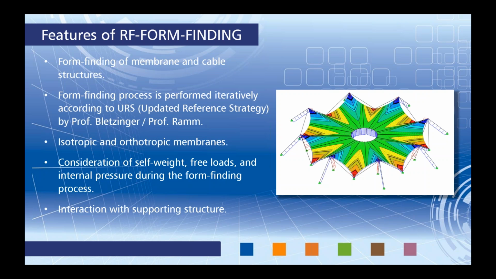Now this is a very complex process, but it also is one of the most accurate processes. We can also take into account both isotropic and orthotropic membranes, which we'll see in today's example. We can consider self-weight, free loads, and internal pressure during the form finding process. And lastly, we can take into account the interaction with the supporting structure. Again, I'll show you that with the example today.